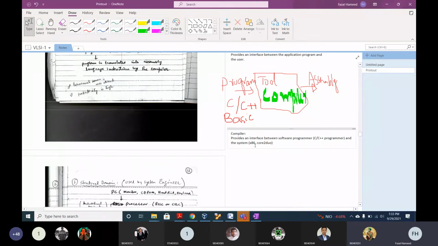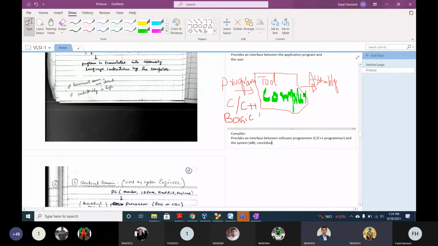It provides an interface between the software programmer and the system, and it transforms the program that is written in a high level description into a low level description. Okay, you got my point?